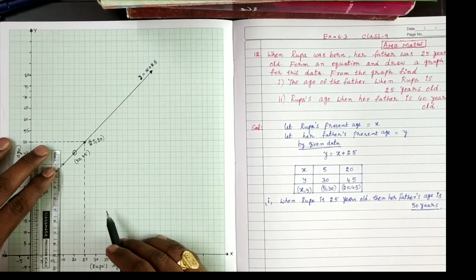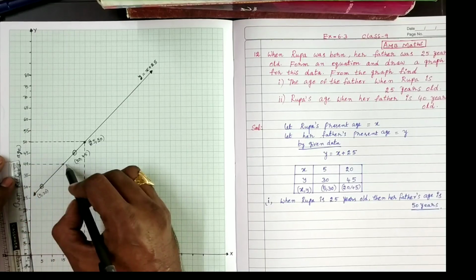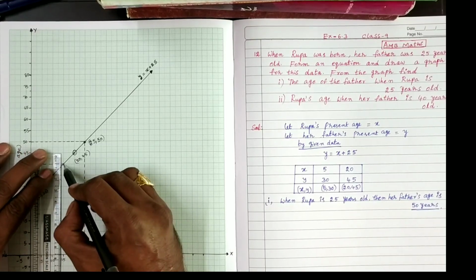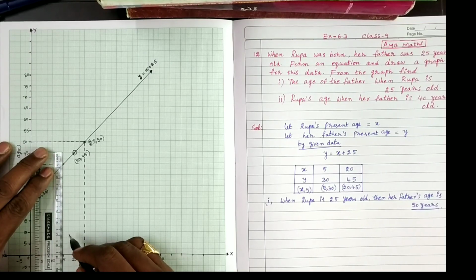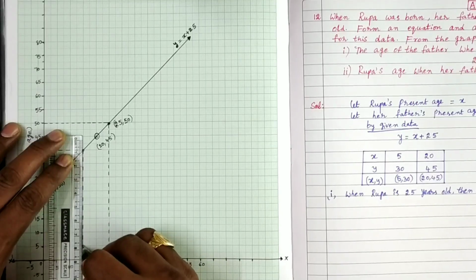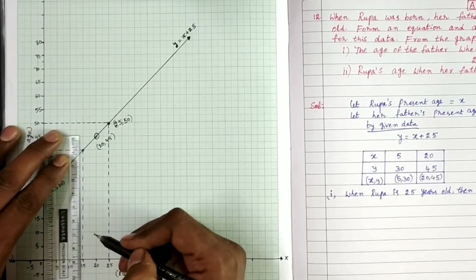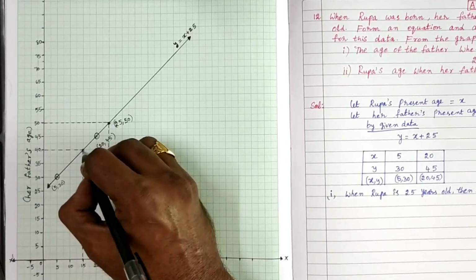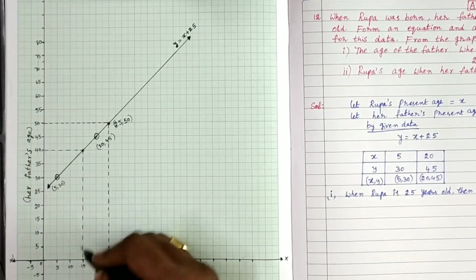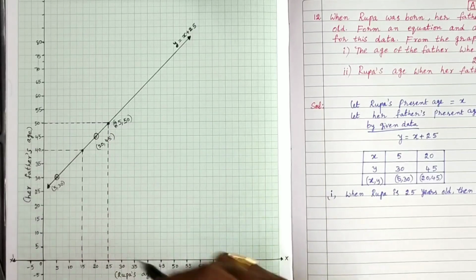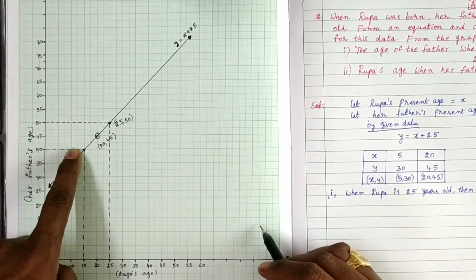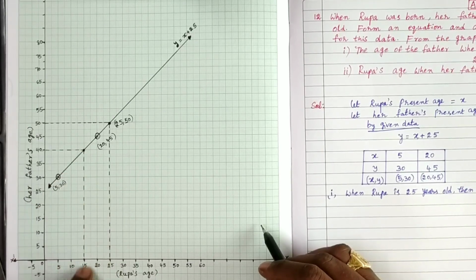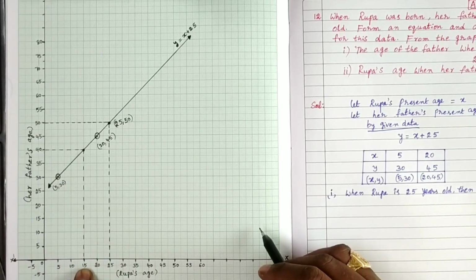And again draw a perpendicular line to the x-axis at this point. So this point indicates when Rupa's father is 40 years old, then Rupa's age will be 15 years.